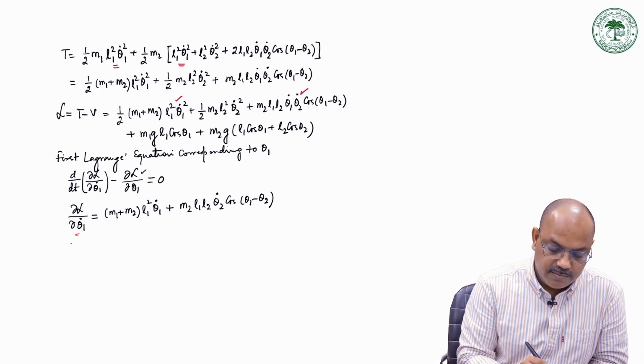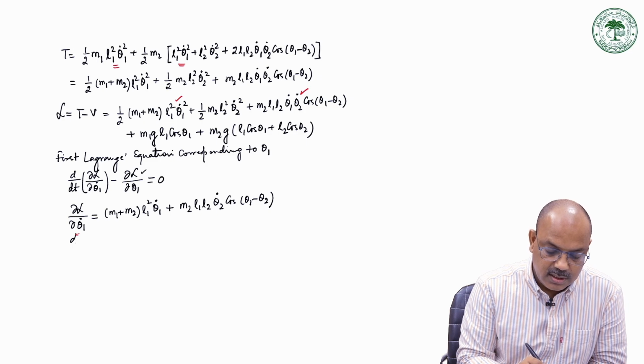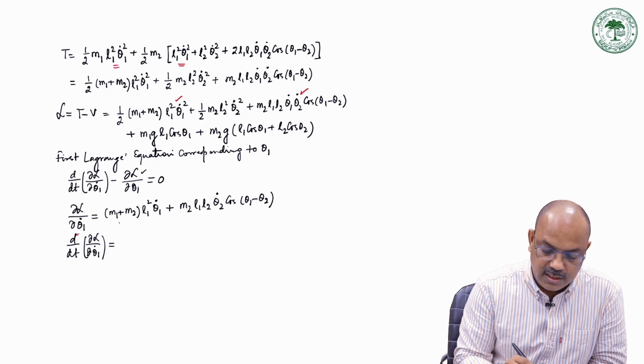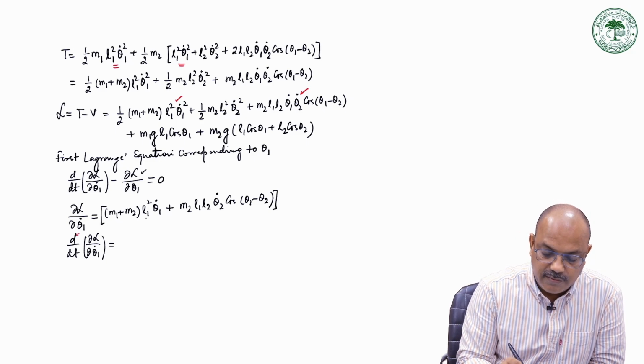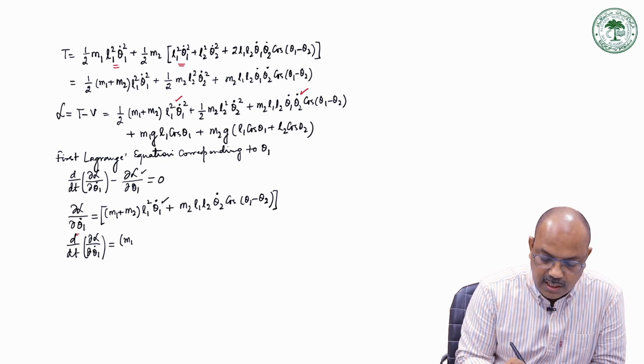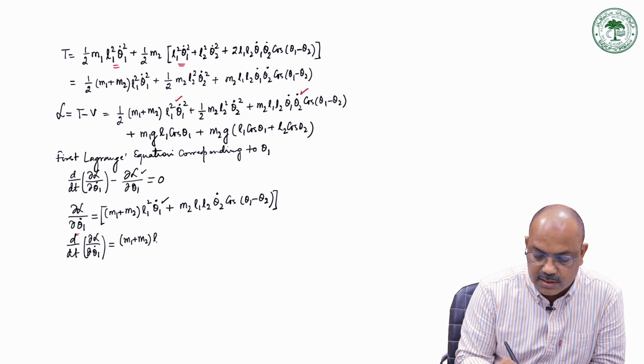Now let's find, first, d/dt of delta L upon delta theta 1 dot. So I have to find d/dt of this thing. If you concentrate, in the first term theta 1 is there, so this is going to be (m1 plus m2) L1 squared theta 1 double dot.